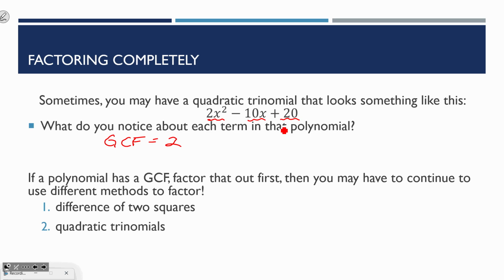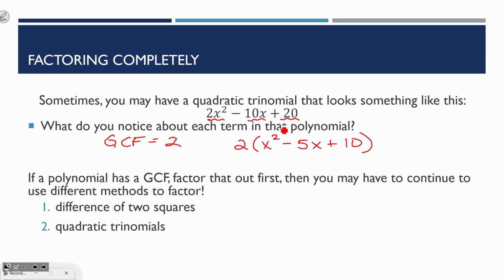So I'm going to factor out that GCF first. I have a quadratic trinomial left over in parentheses, and that quadratic trinomial might be able to be factored again.